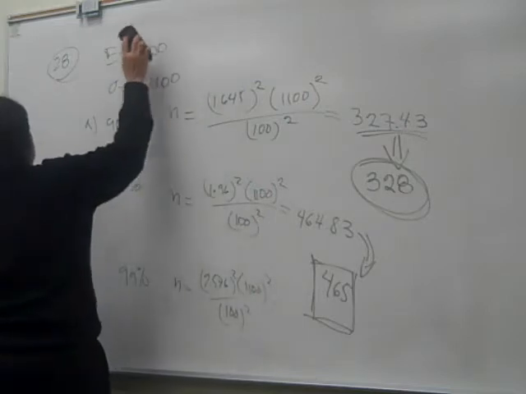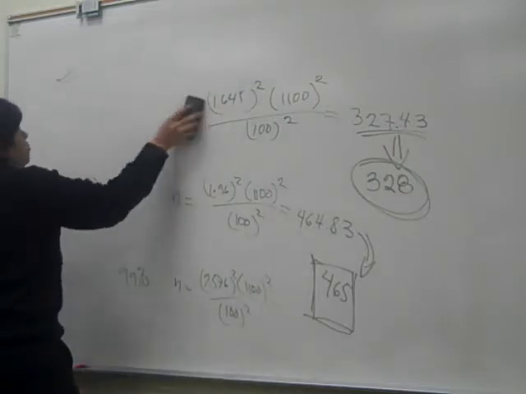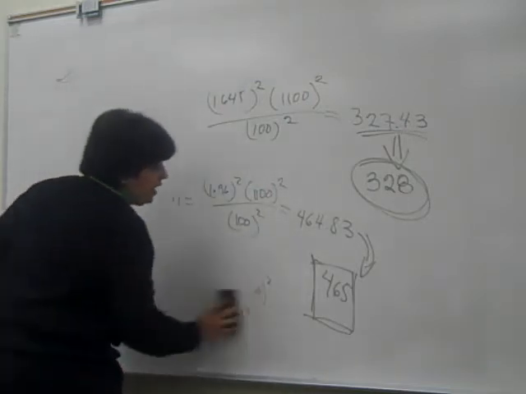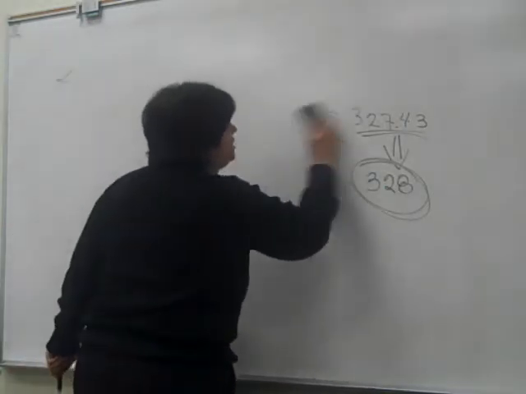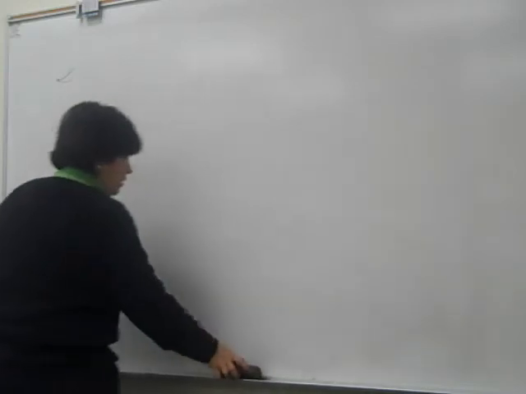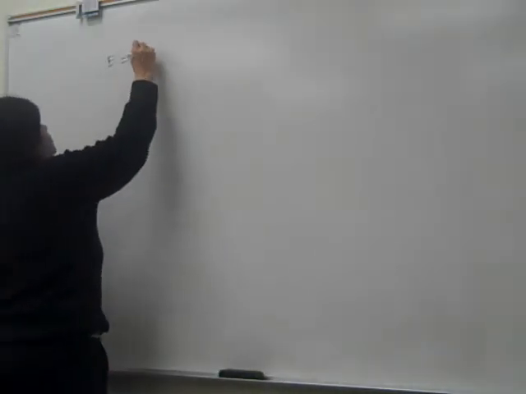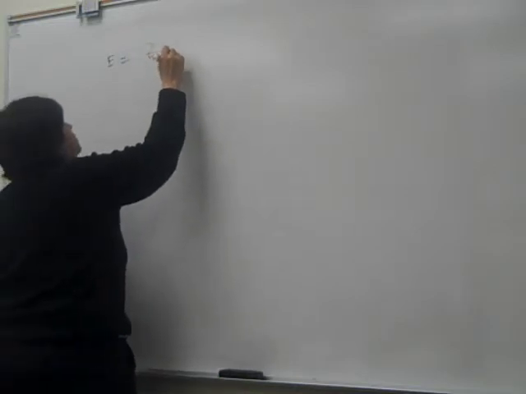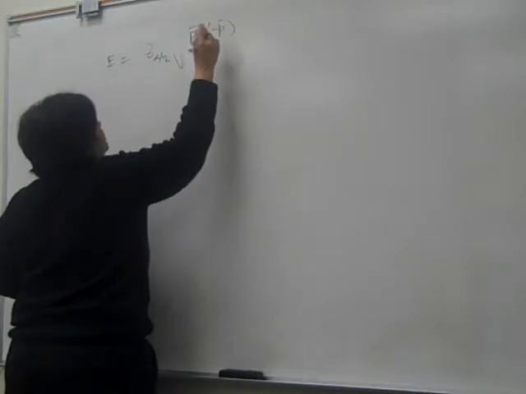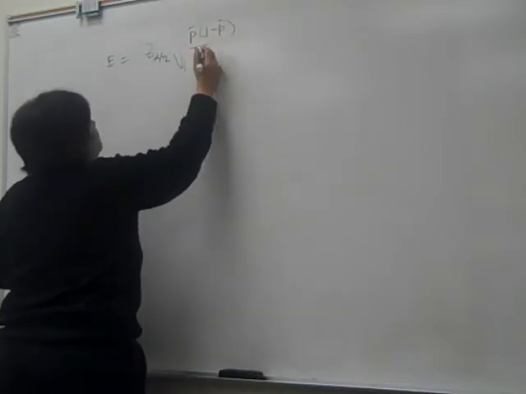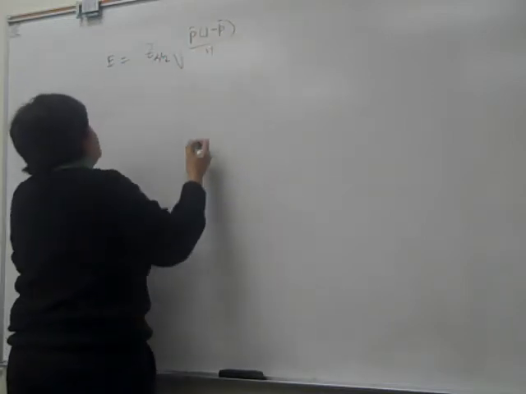Now, the other thing where we want to calculate the sample size is in the proportions. Okay, we have exactly the same thing. The margin of error for proportion is equal to z of alpha divided by 2 times the square root of p times 1 minus p, divided by n.